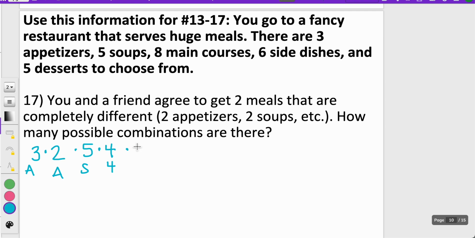So completely different. So now 8 main courses, but someone's got to pick something different. So times 7, and then 6 side dishes times another 5 dishes to choose from. 5 desserts times 4 different desserts. Big number, 4,032,000 meals.